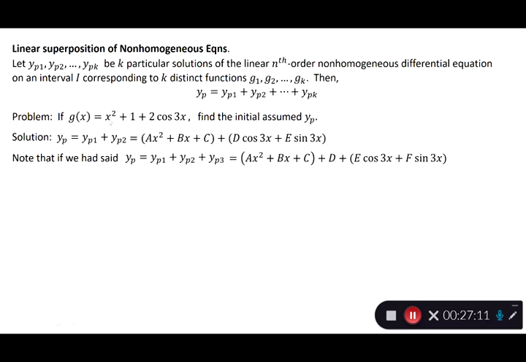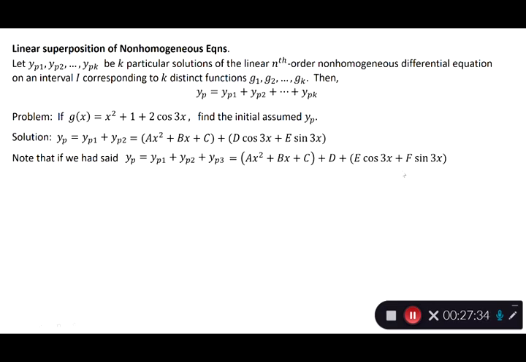Corresponding to x squared, we would have ax squared plus bx plus c. And corresponding to 1, we would have a d. And corresponding to 2 cosine 3x, e cosine 3x plus f sine 3x, right? Earlier, we had only 5 constants. Now we have 6 constants.